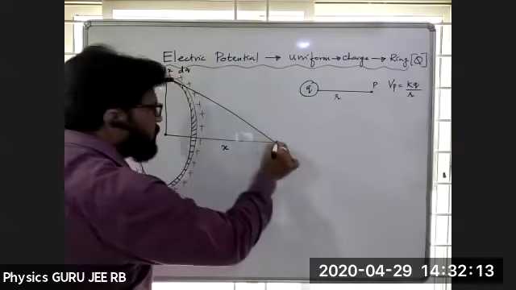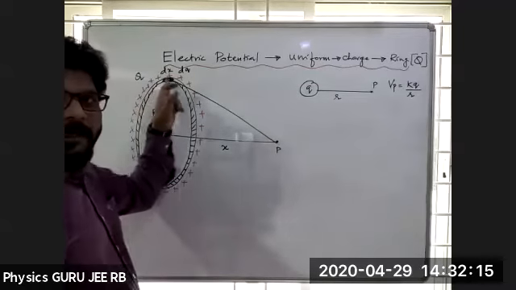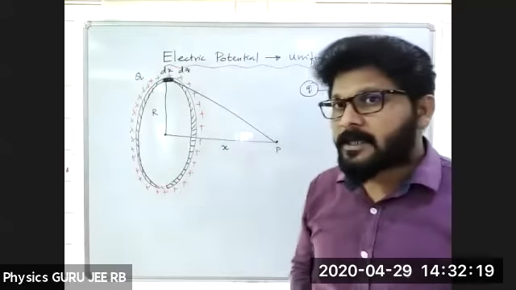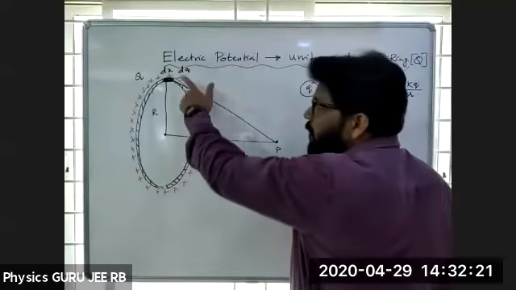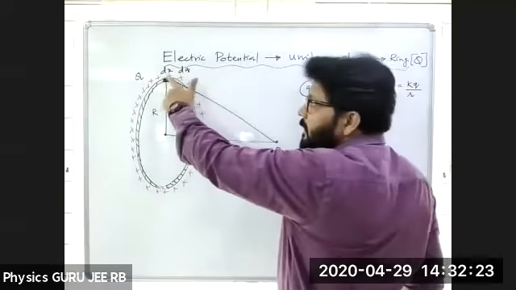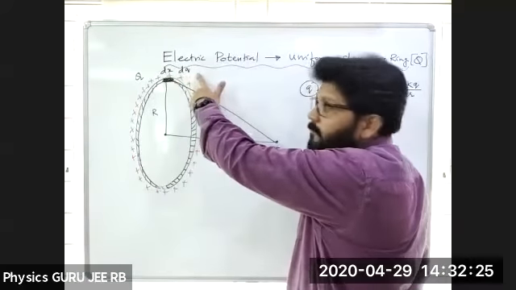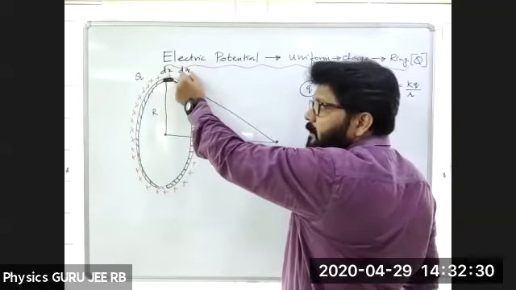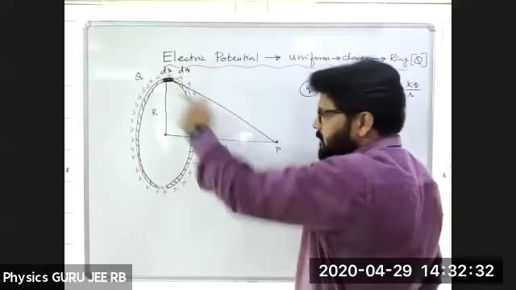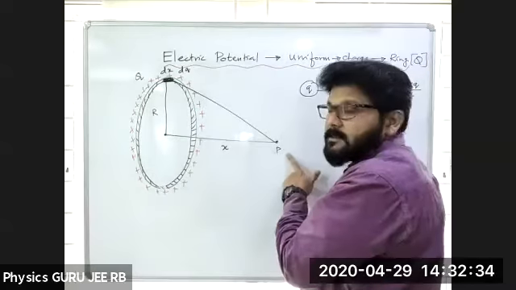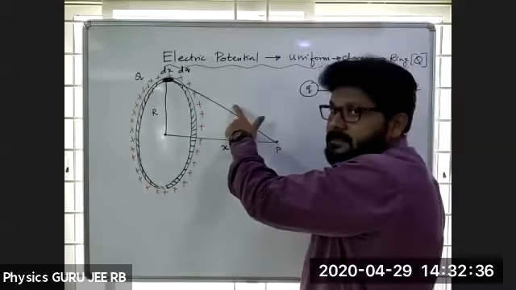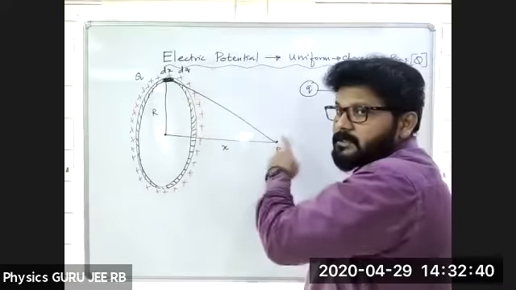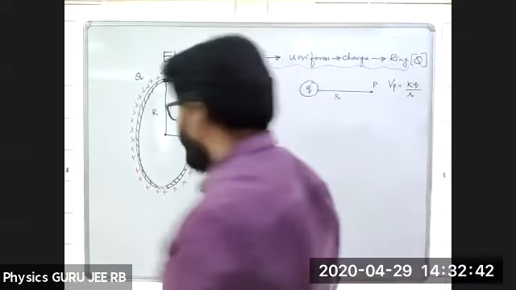At this particular point dq, the small charge, is nothing but a point charge. So dx is a small element and dq is the small charge. If it is at a distance of x, I can say that it is acting as a point charge and we can calculate.